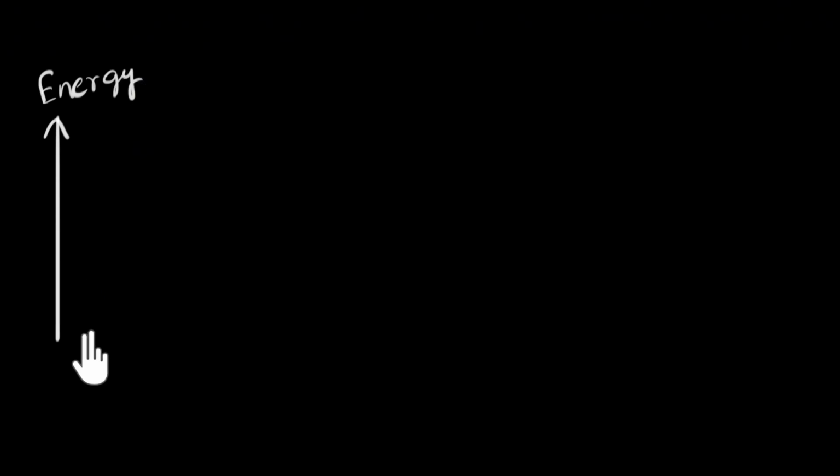So maybe the lowest energy that the electron can have may be somewhere over here. We're not going to write down the numbers over here. We're not going to look at it very quantitatively. Don't worry about it. So maybe this is the lowest energy that an electron can possess. The next higher energy an electron can possess might be somewhere over here, and maybe the next higher might be somewhere over here, and so on and so forth.